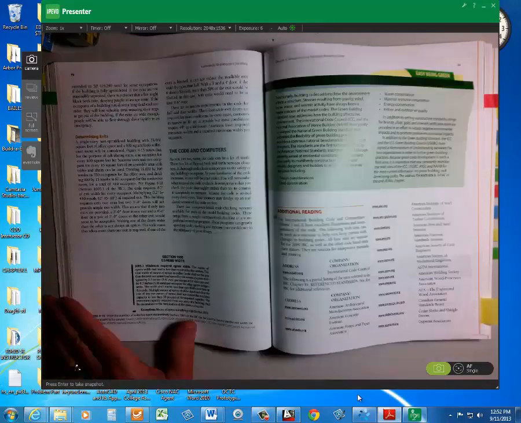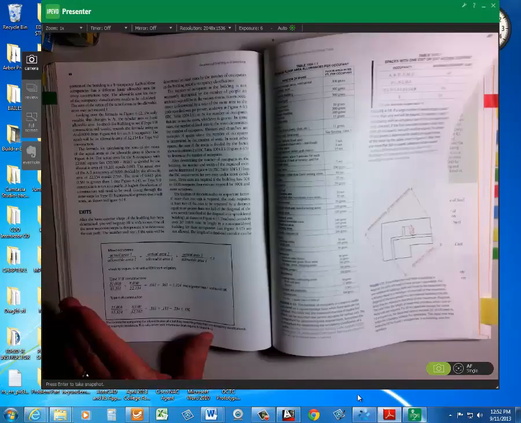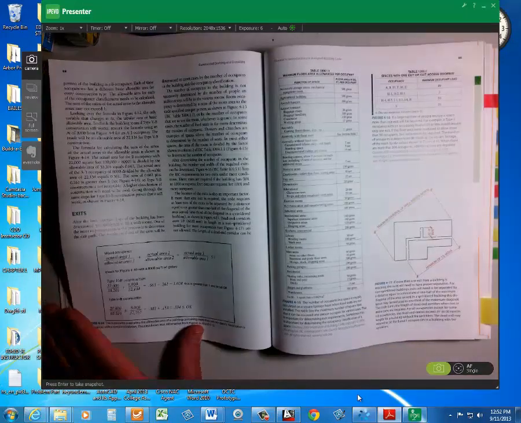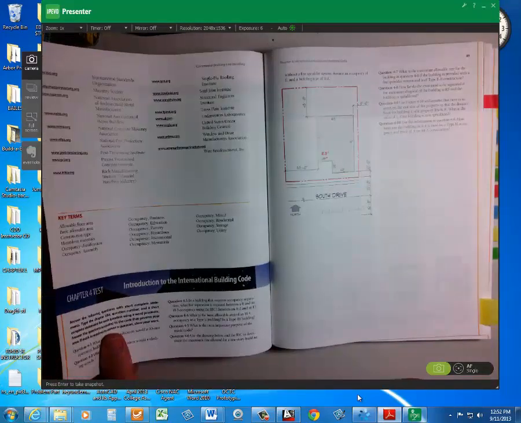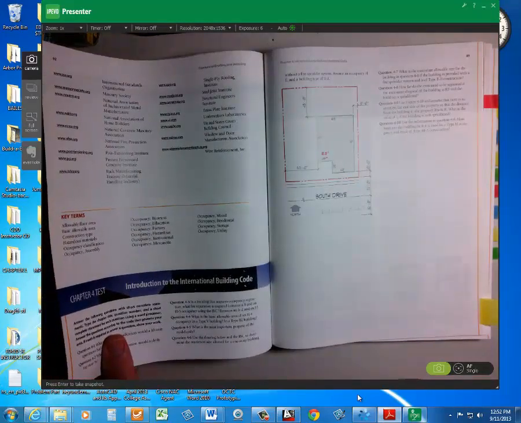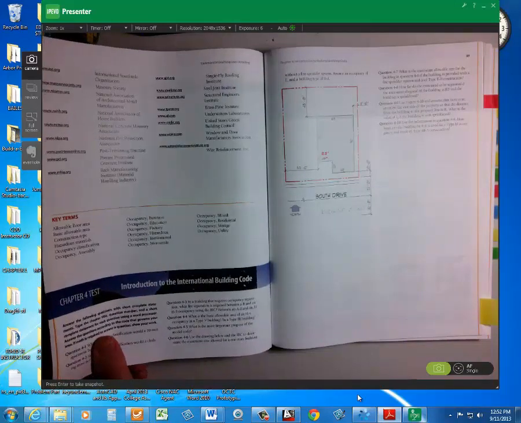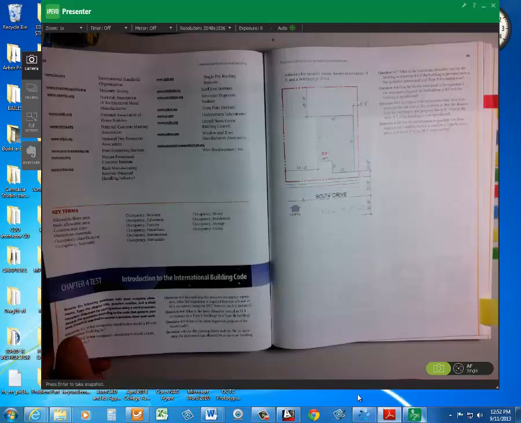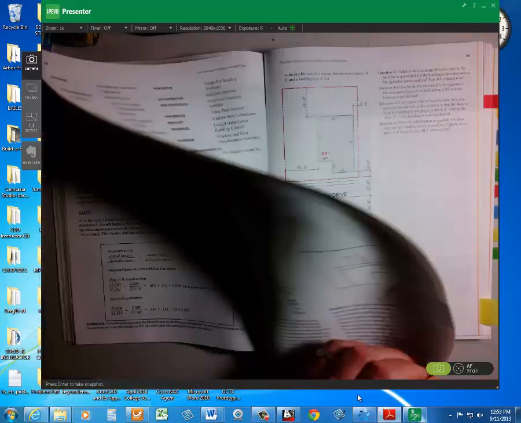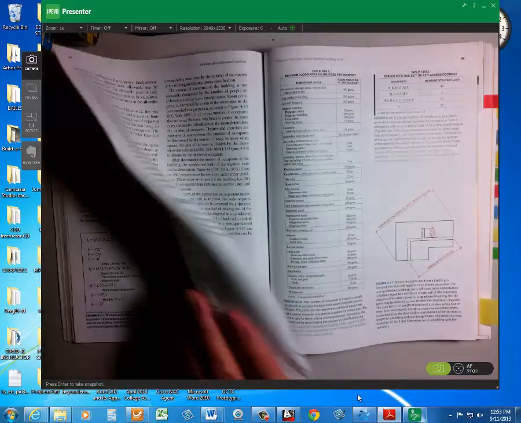Any questions about that? What? You need me to say it again? No? You don't know how to look it up? Oh, okay. Alright, so the basic allowable area. Let's look.